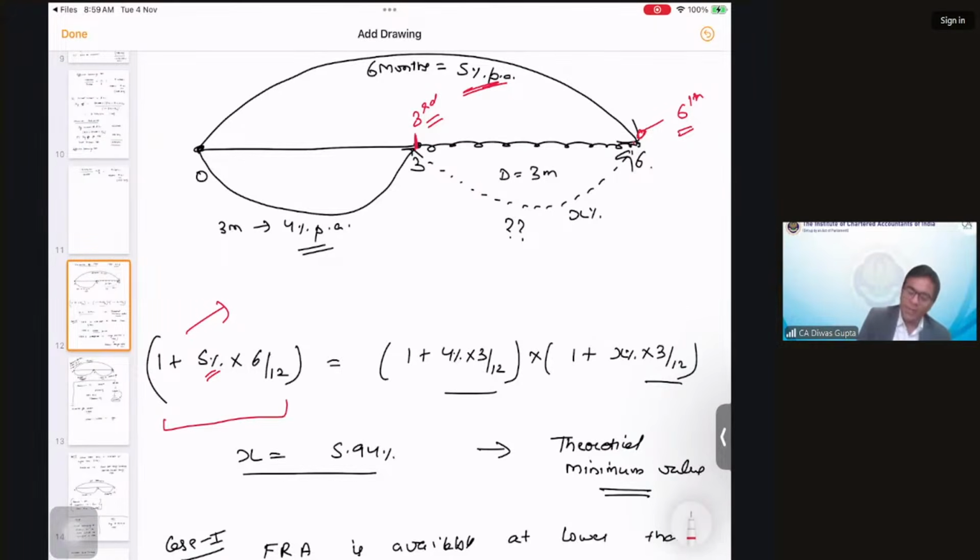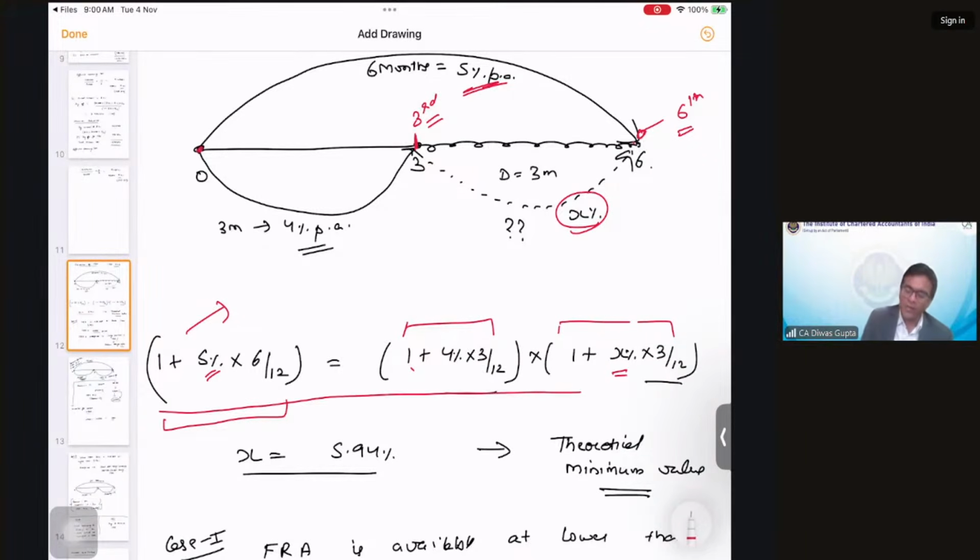Similarly, 1 rupee as on today will become 1 plus 4% into 3 by 12 after 3 months. In this, we also multiply, if we assume X percent for the interest rate from the third month to the sixth month, X percent into 3 by 12.